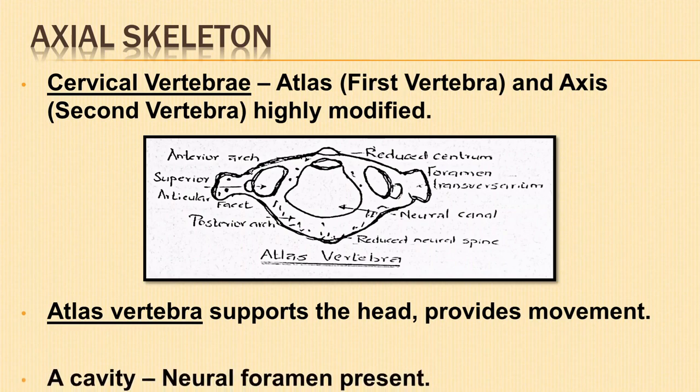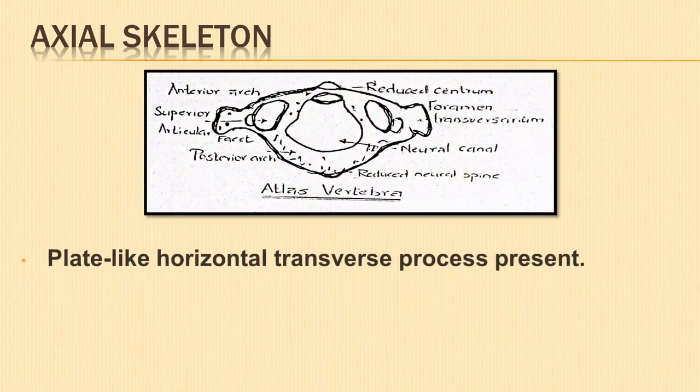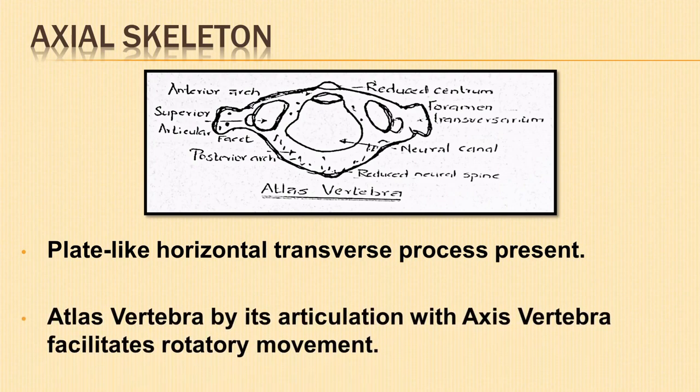On the anterior side, it bears a cavity called neural foramen. It shows a plate-like horizontal transverse process. Atlas vertebra forms a hinge joint. Atlas vertebra, by its articulation with axis vertebra, facilitates a rotatory movement.